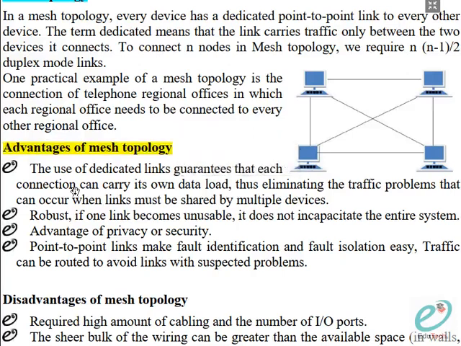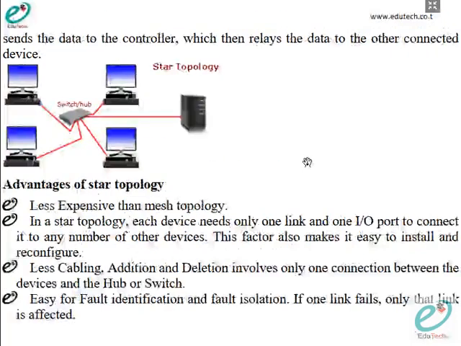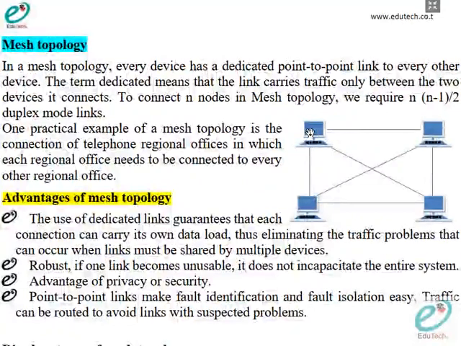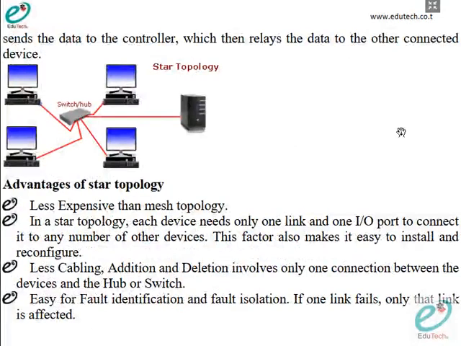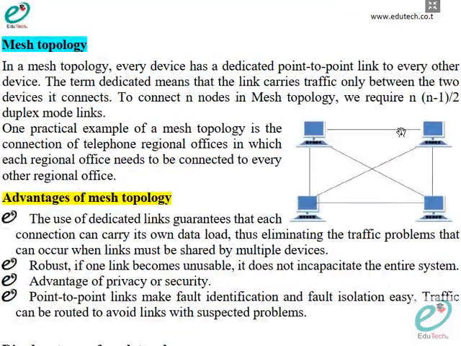The first advantage is the use of dedicated links guarantees that each connection can carry its own data. That is, if the target is from this one to this one, it will automatically be sent to its own destination.